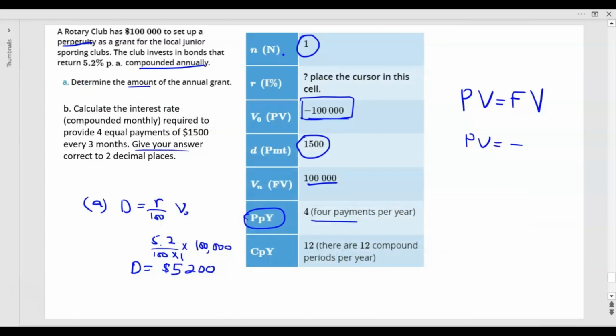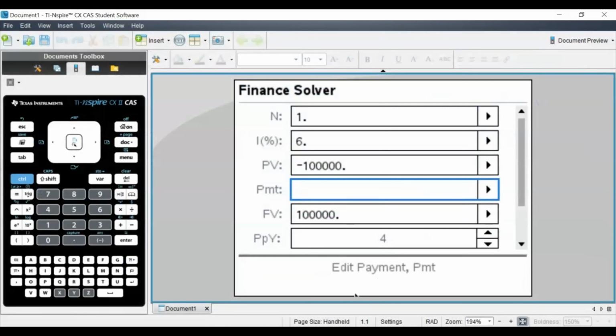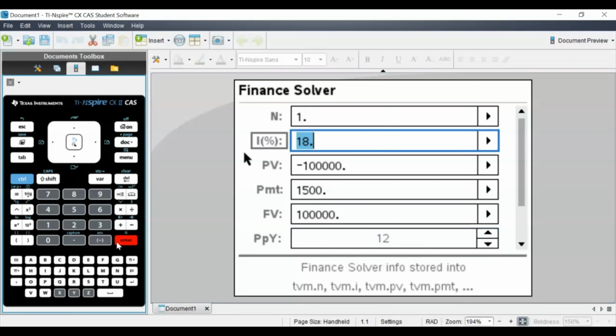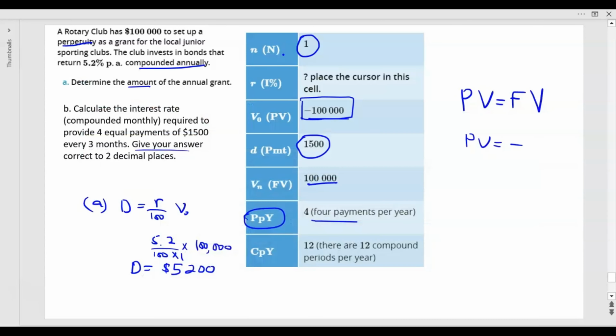Let's go back to that one there. Calculate the interest rate required to provide 4 equal payments per year of 1,500.